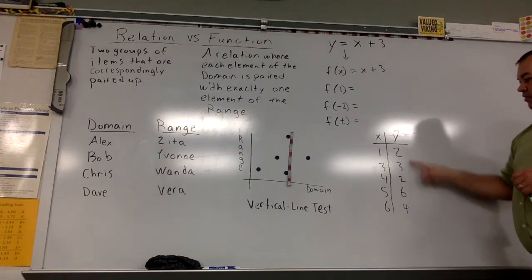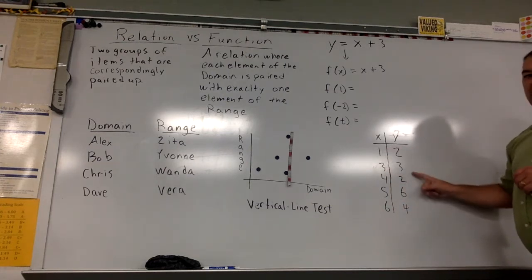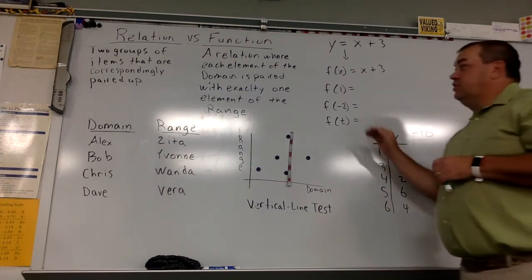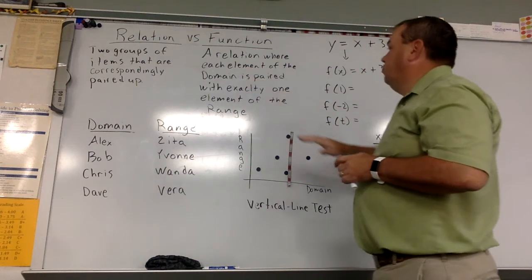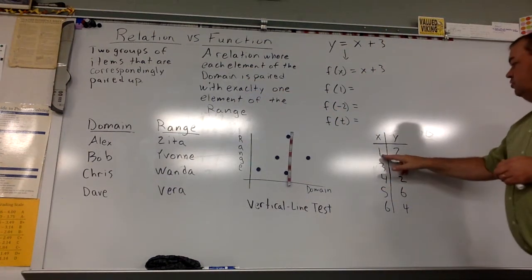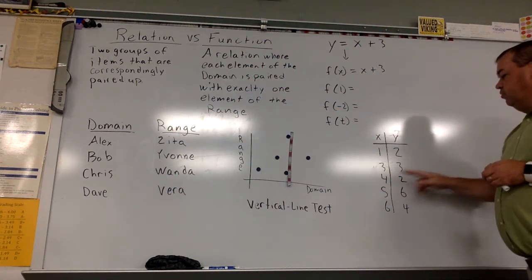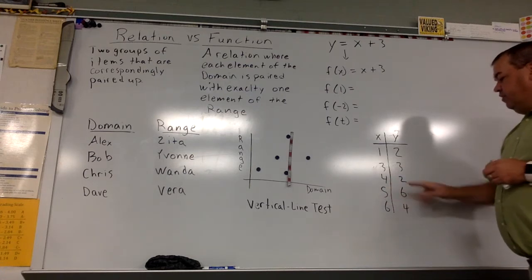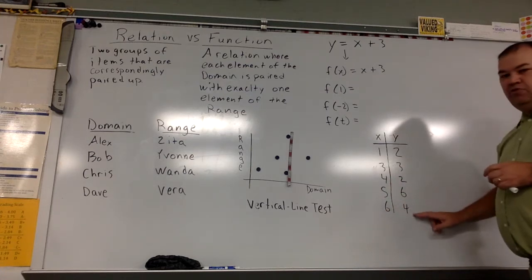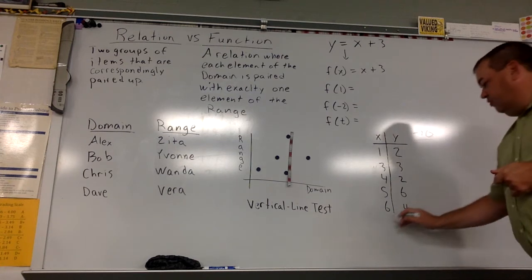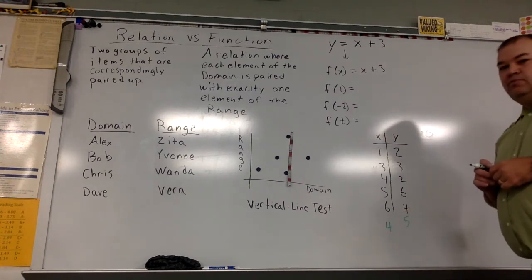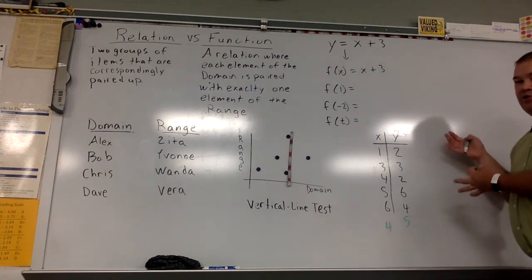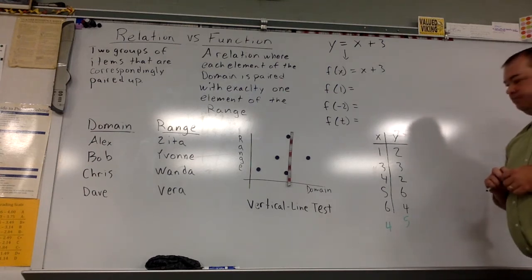It doesn't matter that there's repeats over here, because if we go back to our definition, each element of the domain is paired with one element of the range. So 1 matches with 2, 3 matches with 3, 4 matches with 2, 5 matches with 6, and 6 matches with 4. As soon as we would have a repeat over here, now we have a relation, but no longer a function.